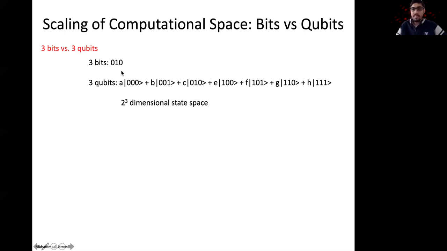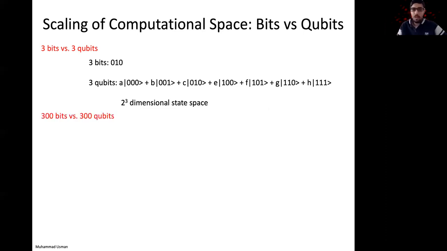You can already see that a 3-bit number is just 1 number. 3 qubits can have a combination of all the possible 3-bit configurations, and that means you now have access to a 2 power 3 dimensional Hilbert space. So you can prepare a state which can cover any point inside that 2 power 3 dimensional Hilbert space.